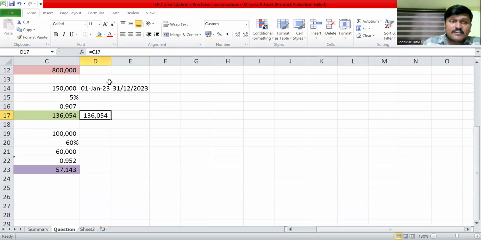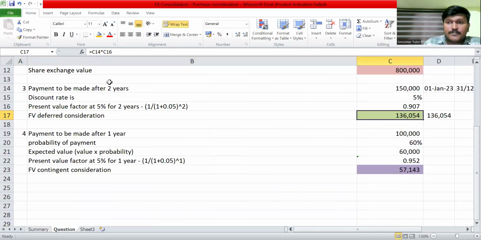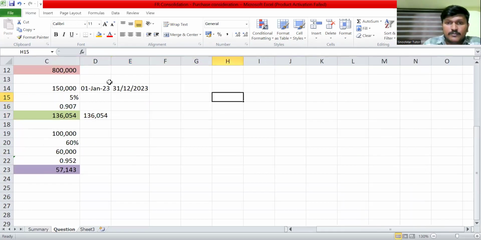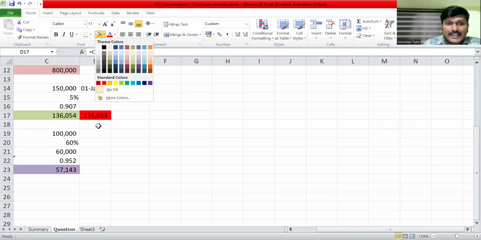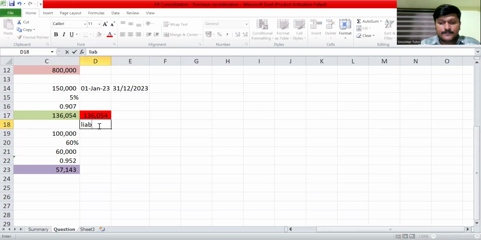Since this is a deferred consideration, you will be recording this as the investment part, but you will not be paying. You are not paying, you are having this liability over here. So at the date of 1st January, you would be recording 136,054 as a liability in your SOFP, statement of financial position.